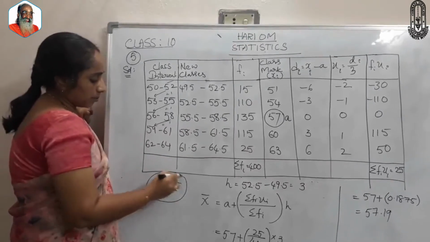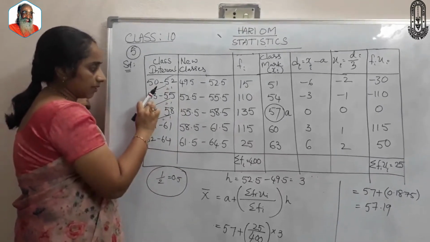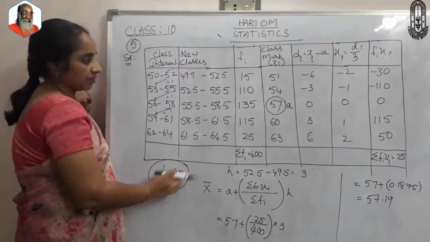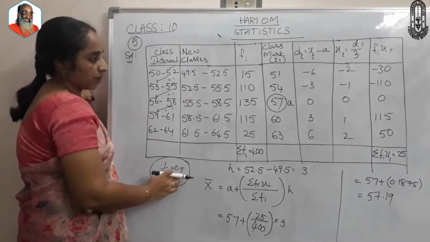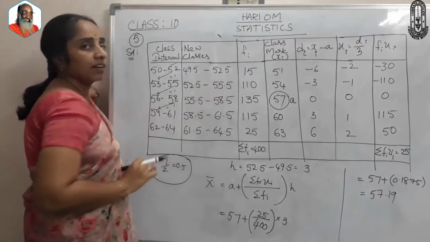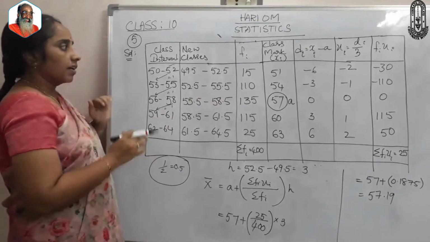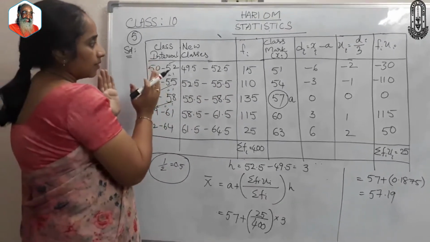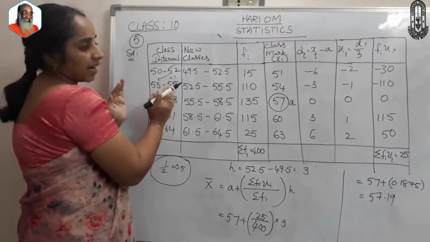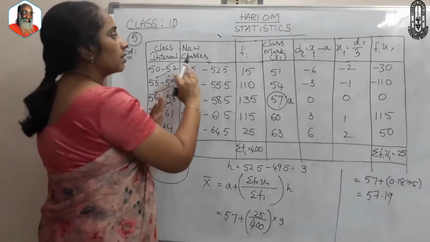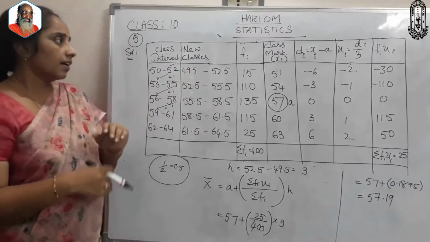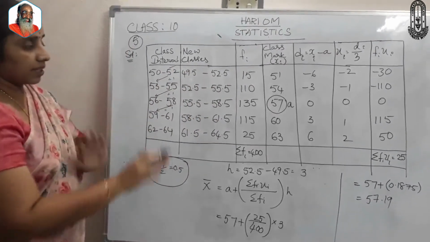So 53 minus 0.5, 52.5. 55 plus 0.5, 55.5. So here this inclusive classes is changed into exclusive classes. Now the remaining everything is the same.